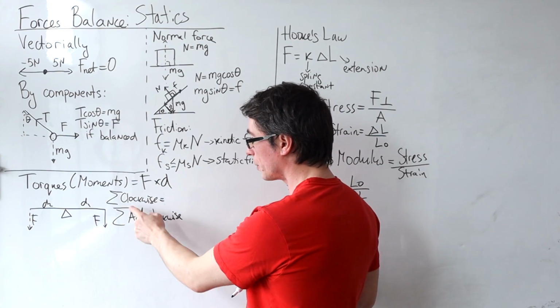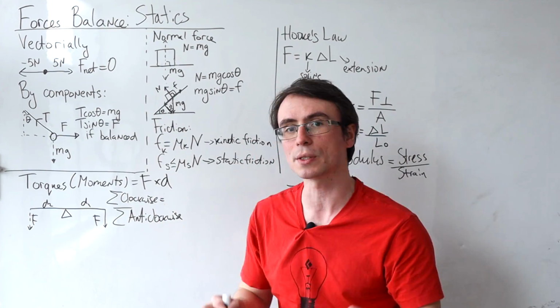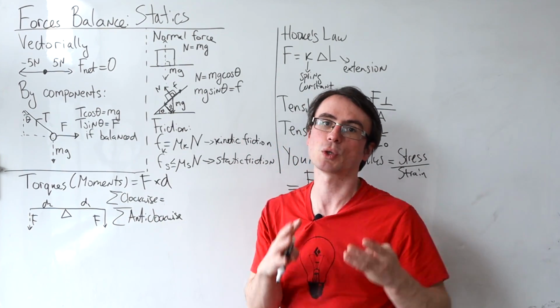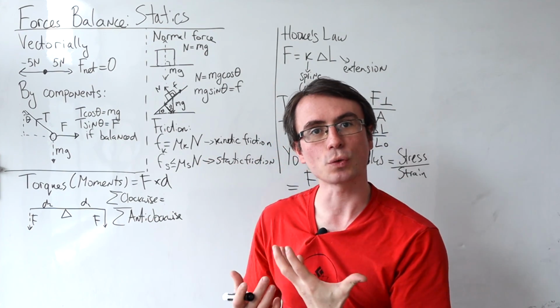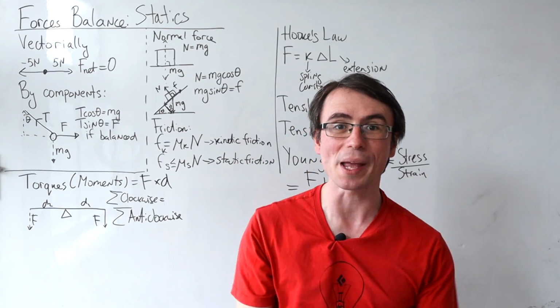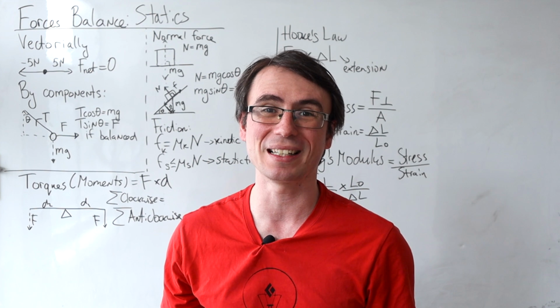We can balance out the clockwise moments and the anti-clockwise moments for complete equilibrium to occur. All of these are typically studied within high school courses. However, let's apply them to some really tricky problems from the International Physics Olympiad.